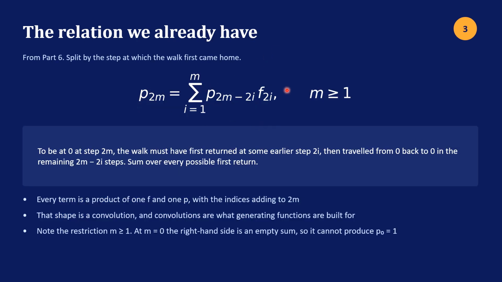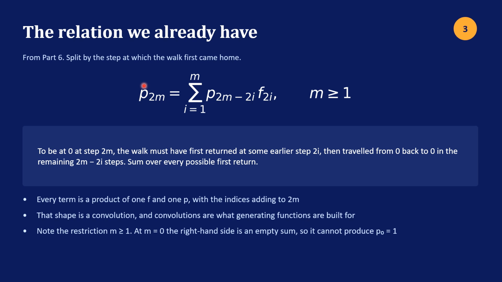We derived this formula in the previous lesson, so let's quickly review it because we need it again. It's using the law of total probability, and it's saying the probability of starting in state zero and returning to state zero at step 2m is the same as the probability of having your first return to state zero in 2 steps and then coming back to state zero in 2m minus 2 steps, or having your first return to state zero in 4 steps and returning back to zero in 2m minus 4 steps, and so on.